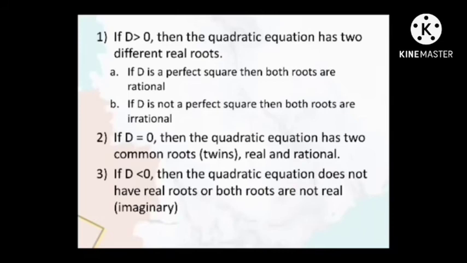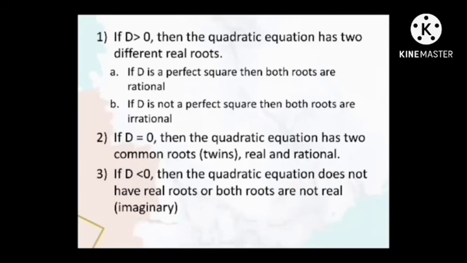The second type of roots of the quadratic equation is if D equals 0, then the quadratic equation has two equal roots, or twins, real and rational.